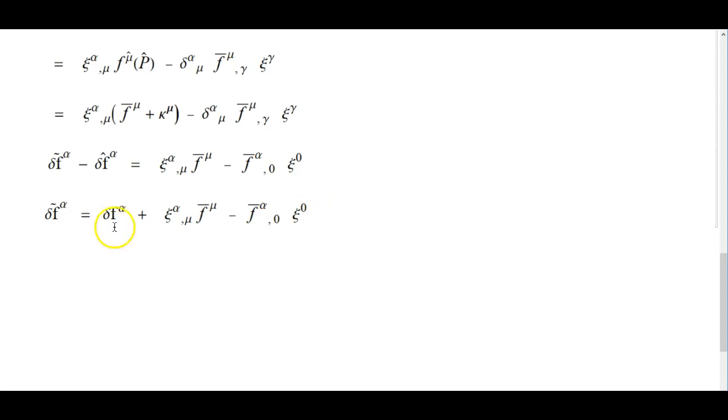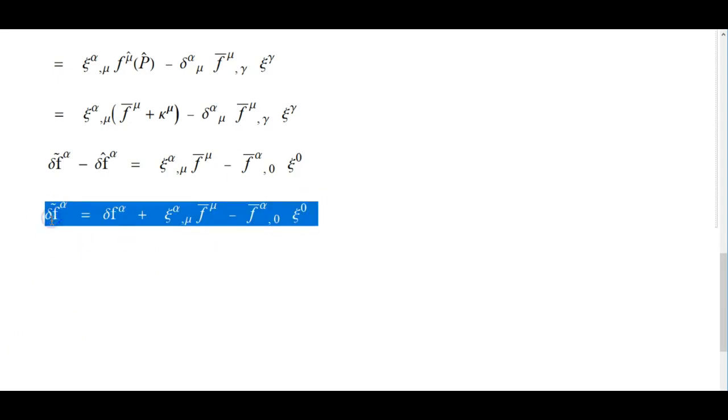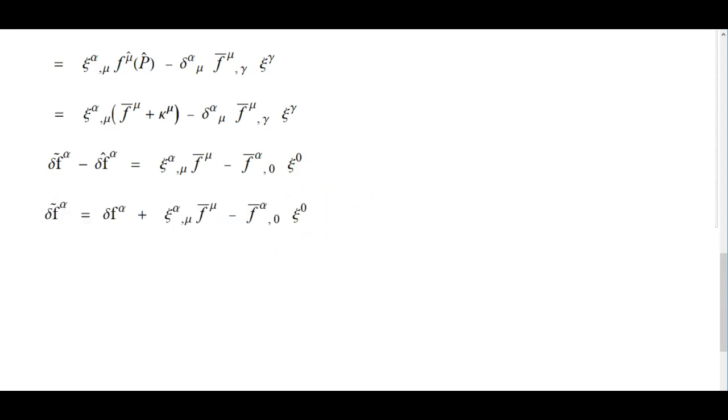Perfect. Now, can we write the components? So we can write the 0 component and the I component. Let's see, the alpha equal to 0 component. What is the 0 component here?